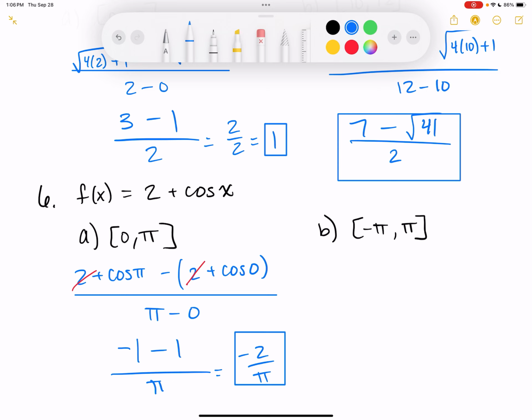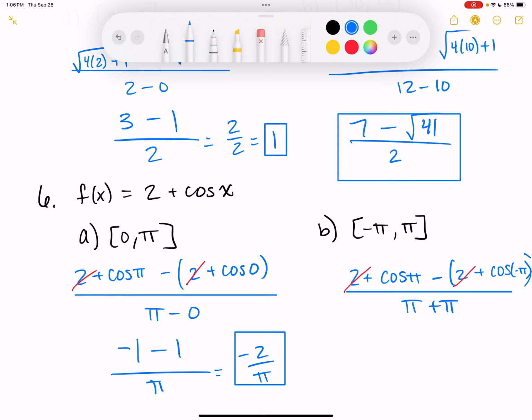So, all right, negative pi to pi. So 2 plus cosine of pi minus, in parentheses, 2 plus the cosine of negative pi, all over pi minus a negative, so plus pi. So again, the 2's are canceling.